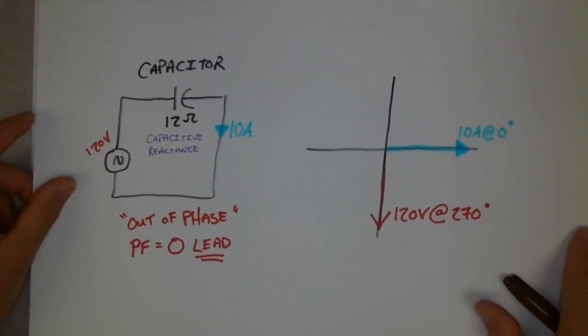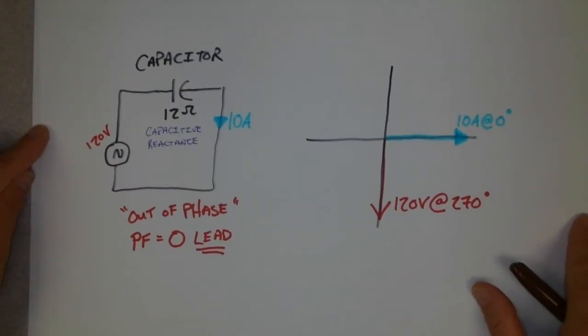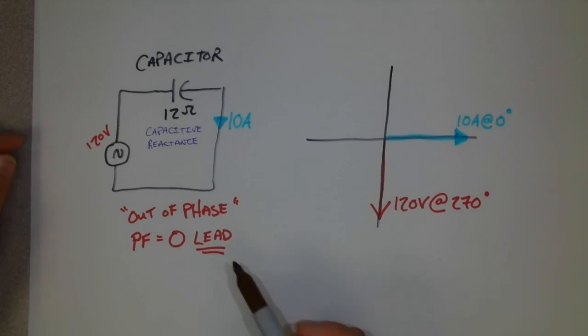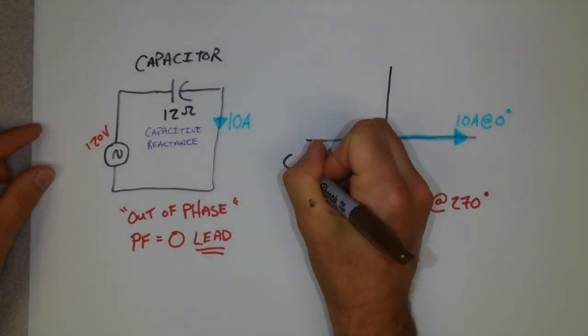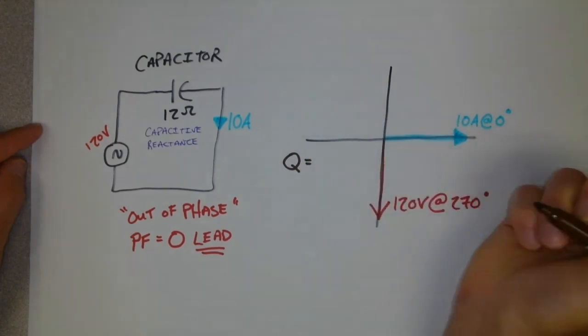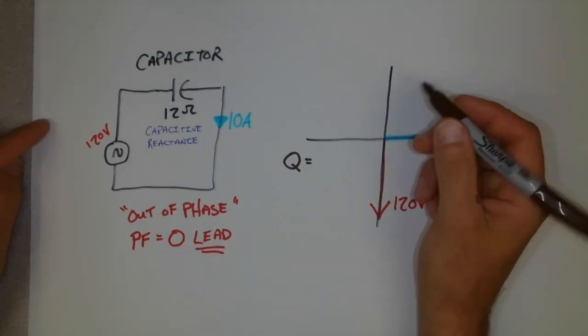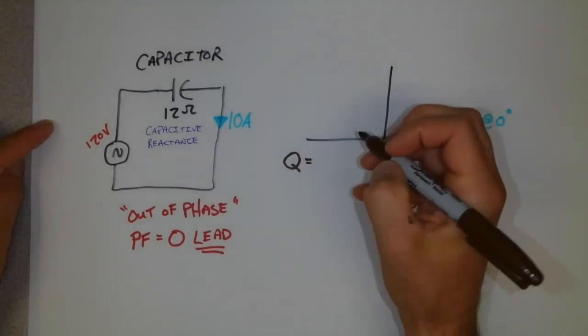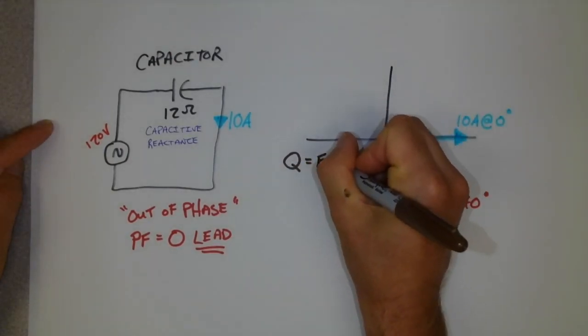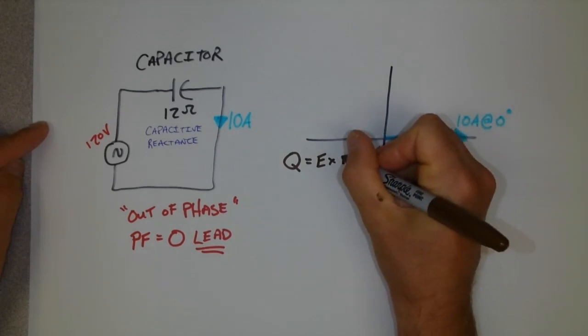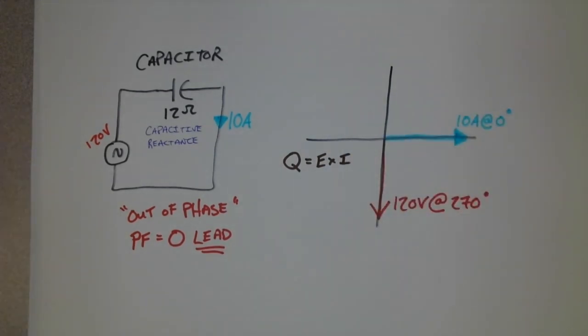And finally, that brings us to the lowly capacitor, always left till last for some reason. Very sad. And in this situation, again, Q is what we would be calculating, which is VARs of capacitive reactance. So that means that Q, we could take either the voltage across the capacitor times the current through the capacitor.